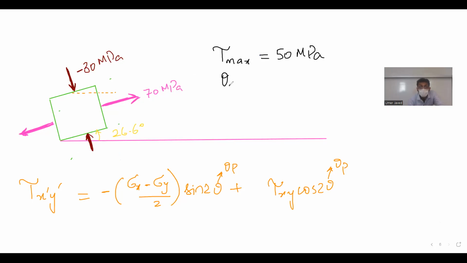Give me the theta s. The plane on which the maximum shear stress happens. Theta s. The plane on which the maximum shear stress happens. Give me the value of theta s.